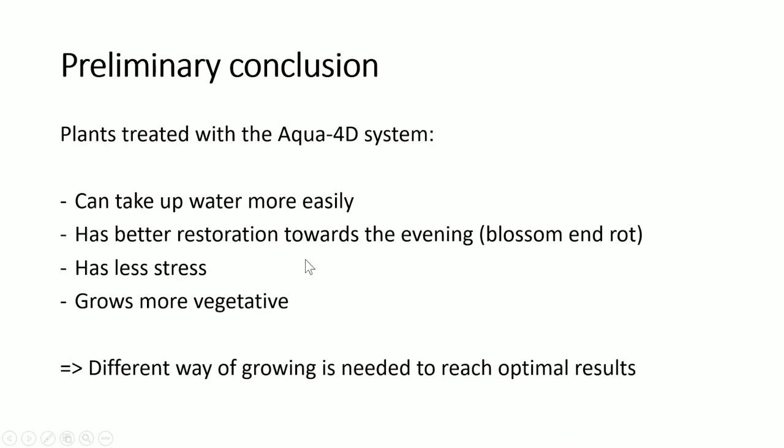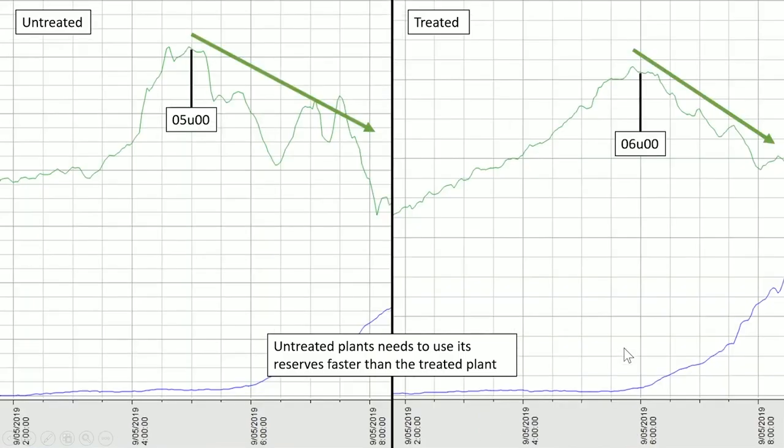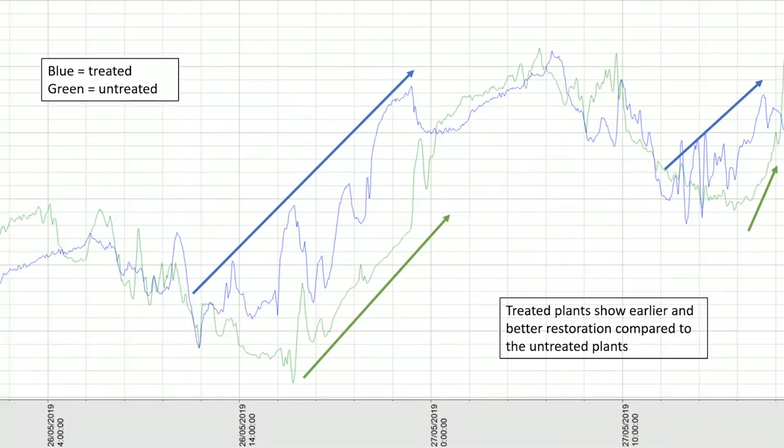I know from the talk with Charlie and Raymond that sometimes you cannot really see some effects in production, which is rather logical, because you need a different way of growing. The plants that we are seeing here with the treated version, it's maybe very early to tell again, but they have a lot of room to grow.